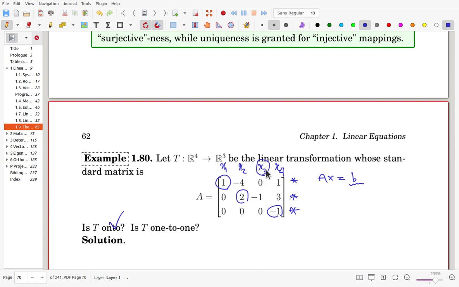If there is at least one free variable, then the solution is not unique. You may have infinitely many solutions because this free variable acts like a parameter. So for any choice of x3, the parameter, that will be a solution, so it has more than one solution. So it's not one-to-one.